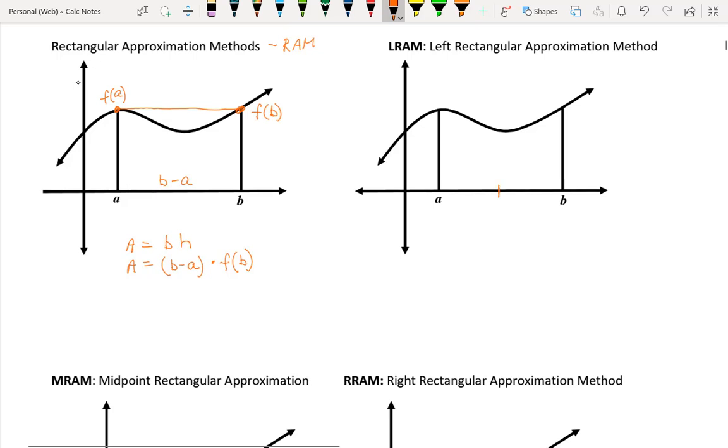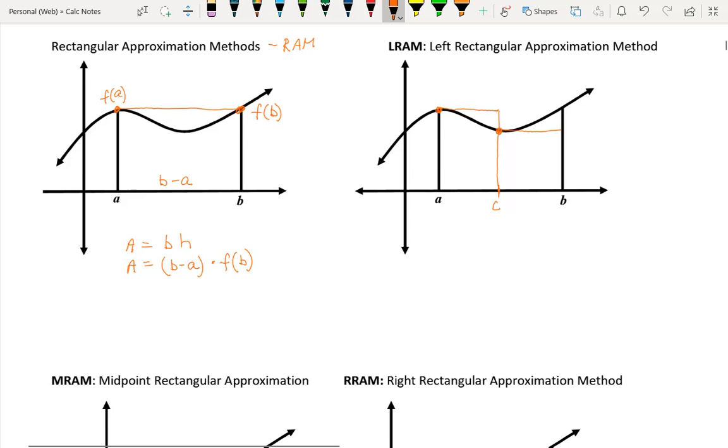I'm going to call this point C right here, and I'm going to create a rectangle from this point here, and it would come straight across and then straight down right here. Then I'm going to create a second rectangle, and I'm going to use this point straight across to here. So I'm looking at two separate rectangles here. And remember, this is a left rectangular approximation.